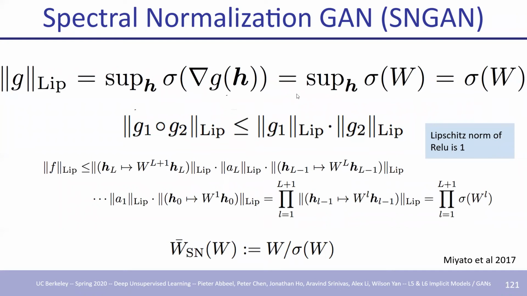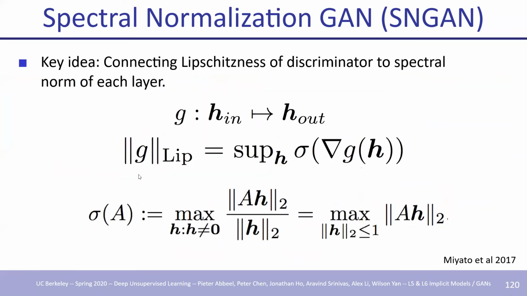So how do we use this? What is the point of all of this? The point is that we want to get the Lipschitz norm of our function f, and this is less than or equal to... So we have two things going on here.